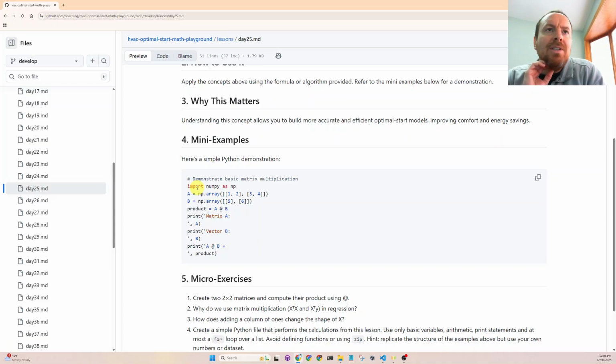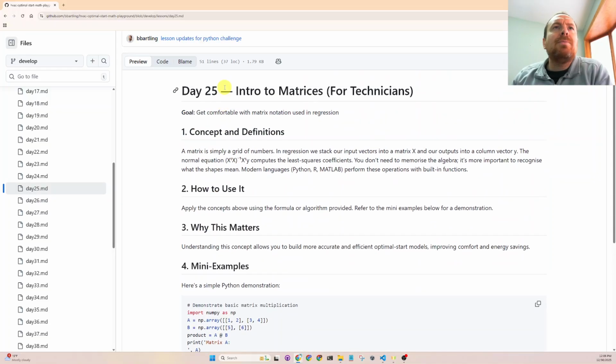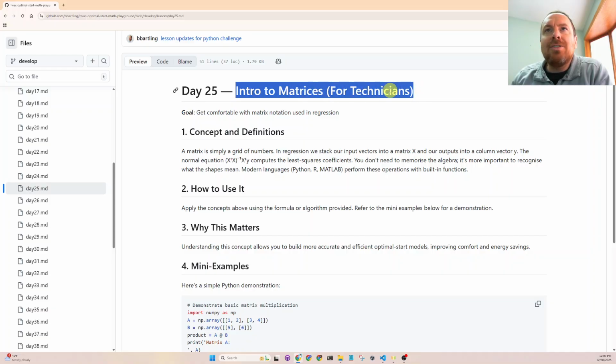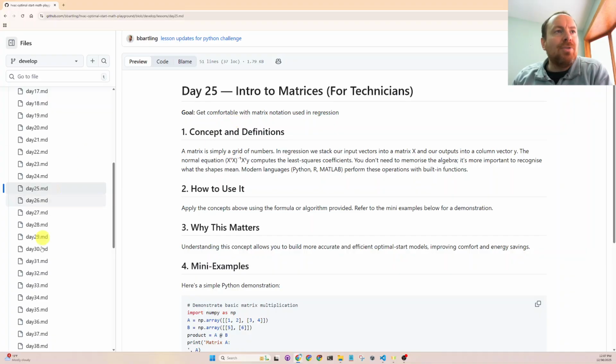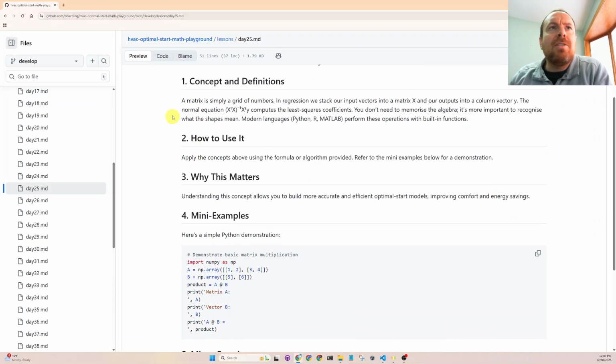Okay, so here's our mini example, and they are giving us an introduction to matrices for technicians. I told AI when it was creating this work to make it easy enough for technicians to understand. That's kind of my background, not the high level upper graduate PhD engineer.